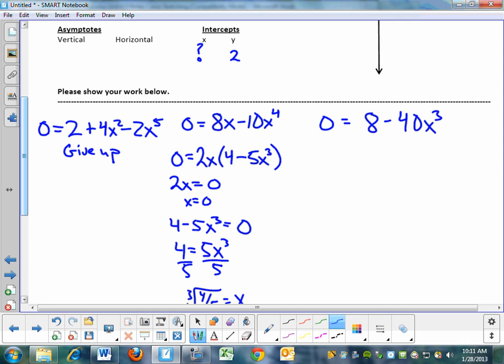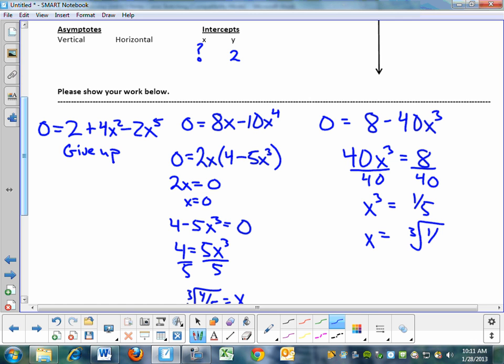I can solve that: 40x to the third is equal to 8. 8 over 40 reduces to 1/5. So x is equal to the cube root of 1/5. Let's convert that to a decimal. We get 0.58.